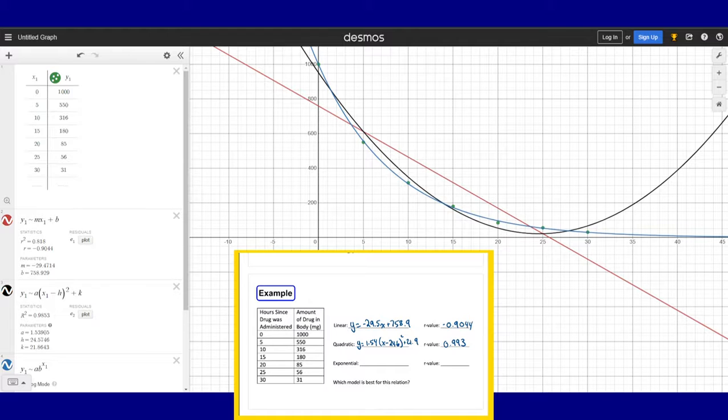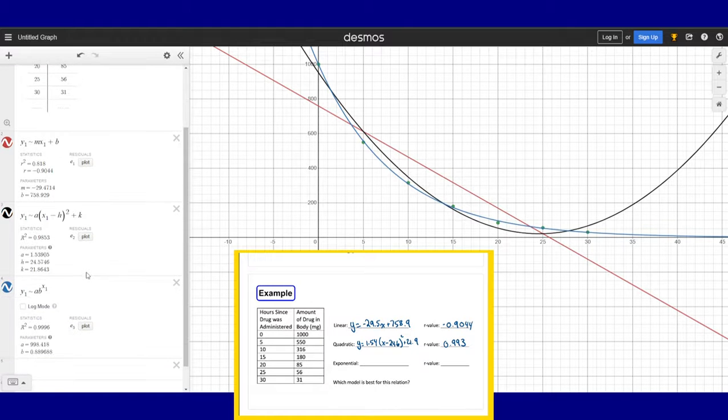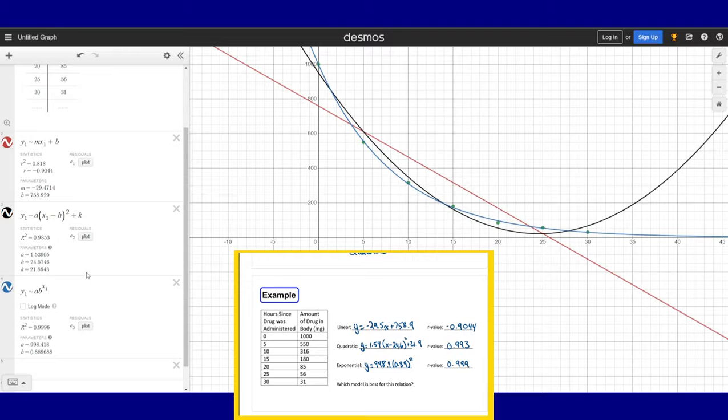And for our exponential model, y equals 998.4 times 0.89 to the power of x, and we get an R value of 0.9998 if we really wanted to.